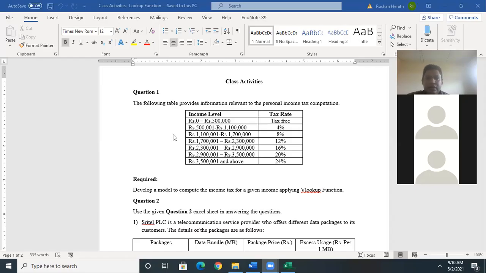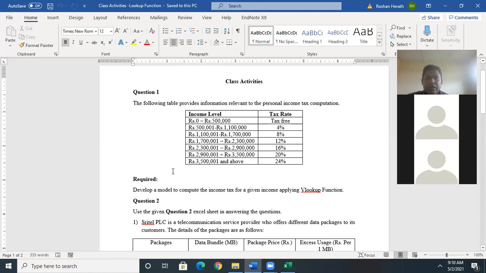If you have applied the same thinking, then certainly I might be able to take you through, and just to remind you what we did. The following table provides information relevant to personal income tax computation. This is the actual information we have taken from web sources.